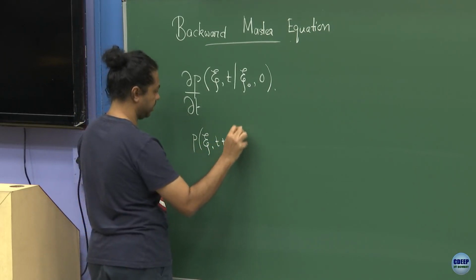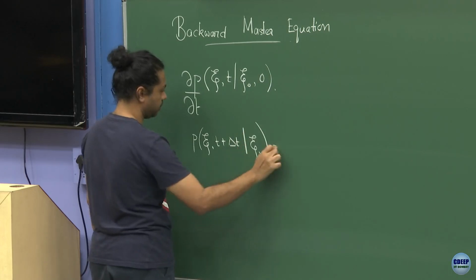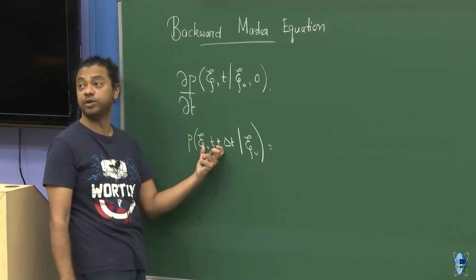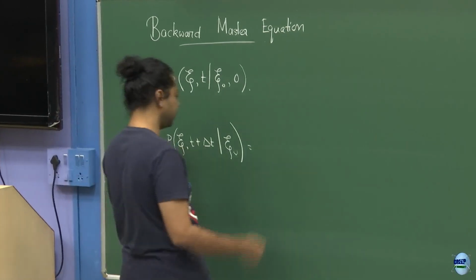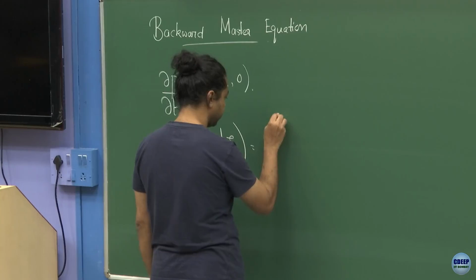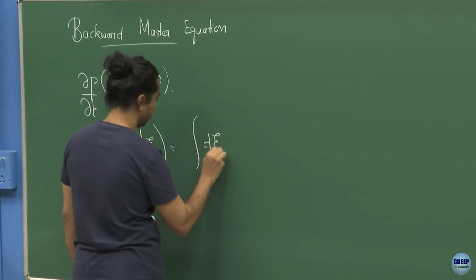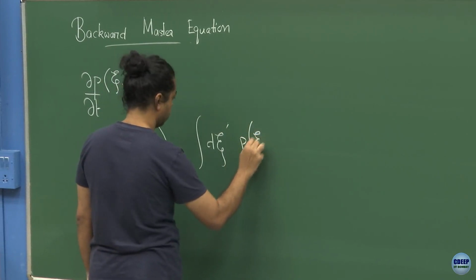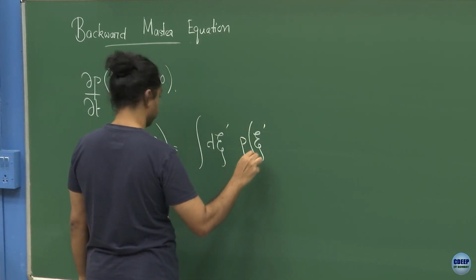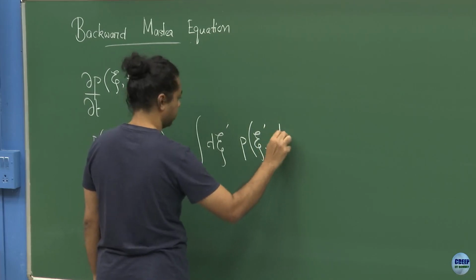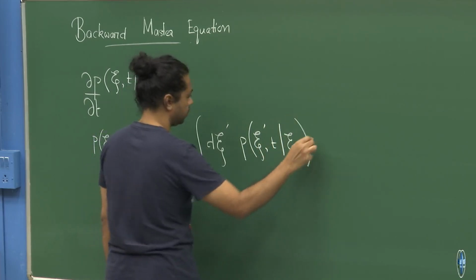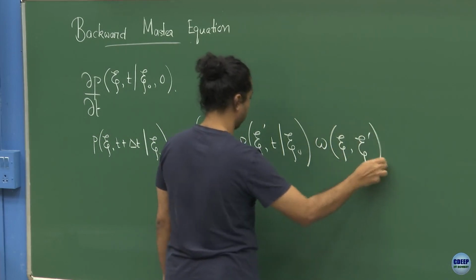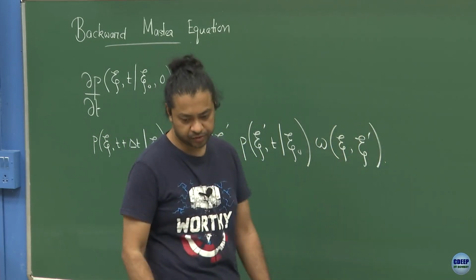we had written something like this, right? Psi naught was, we looked at just the step before the final step. So before the final location, so essentially the final step. So we integrated out over all psi prime, P of psi prime, t, psi naught, and then delta t.